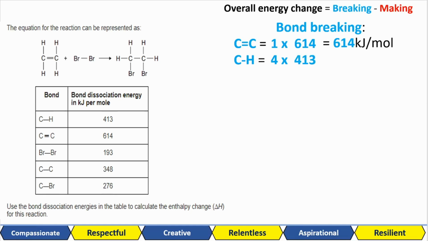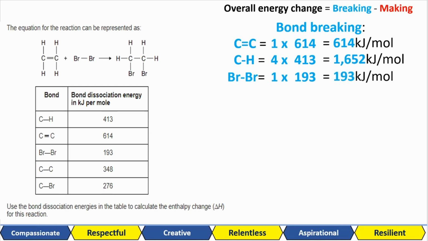So 4 times 413 gives us 1,652 kilojoules per mole. Finally, a bromine bond here as well, and we've only got 1 of that. The bromine bond has a bond energy of 193 kilojoules per mole. Summing all of that together gives us 2,459 kilojoules per mole for the bonds broken.